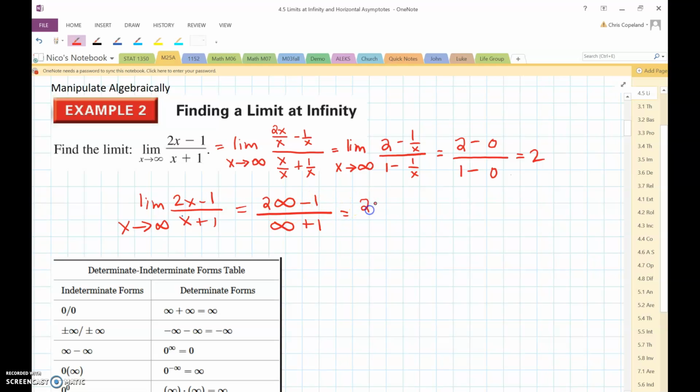So we could think of this as 2 times infinity all over infinity. If you get something like this, this is known as an indeterminate form. All that means is that from this form, we can't really determine what the answer is.